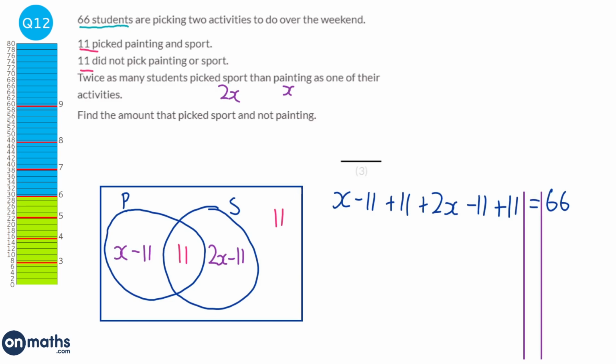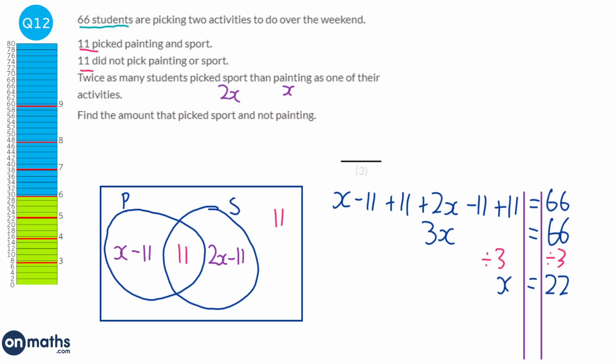Now here we've got X plus 2X, which is 3X. And we've got minus 11 plus 11, minus 11 plus 11. Well, those just cancel out. So we're left with just 3X equals 66. We're going to divide by 3 both sides. So we've got X equals 22.